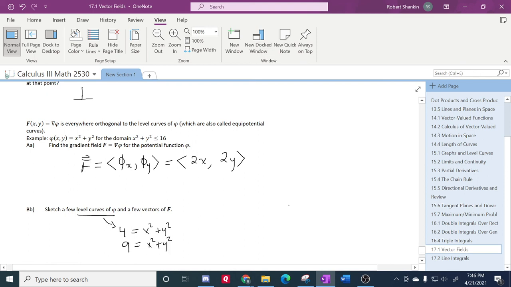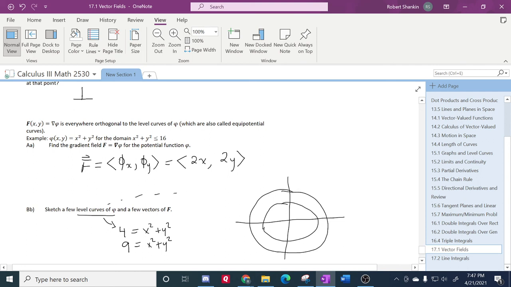What are those? Those are circles. And then you get all these concentric circles. These are the level curves of phi.